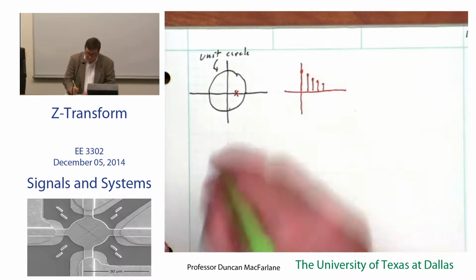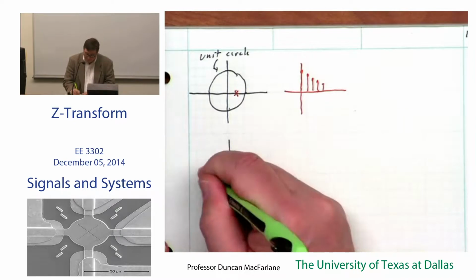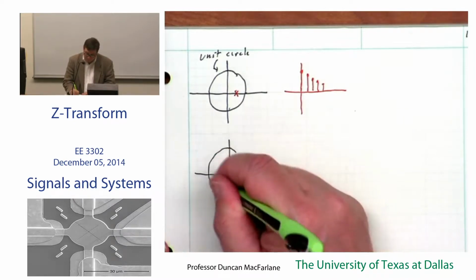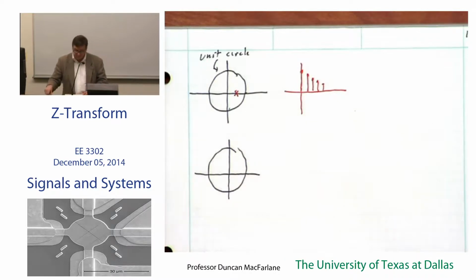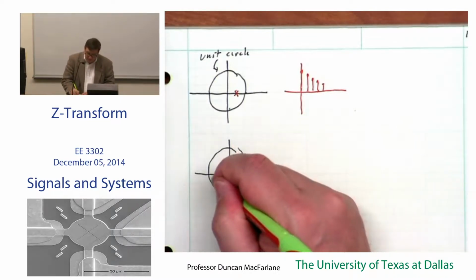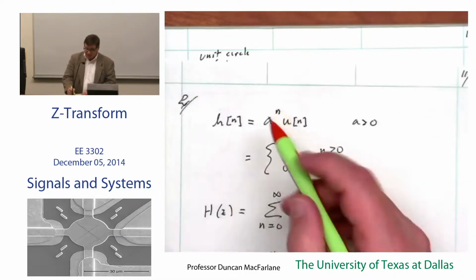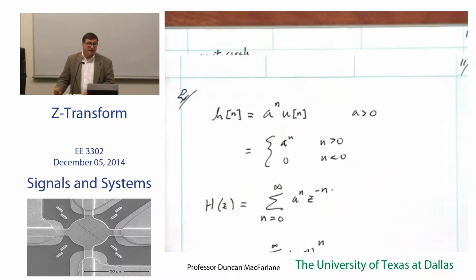If my pole is real and negative and within the unit circle, then that would be an example of minus 1/2. When n is even, the minus sign cancels out.